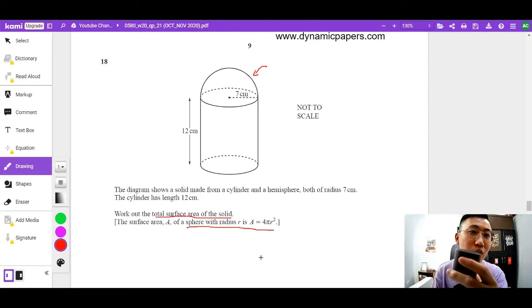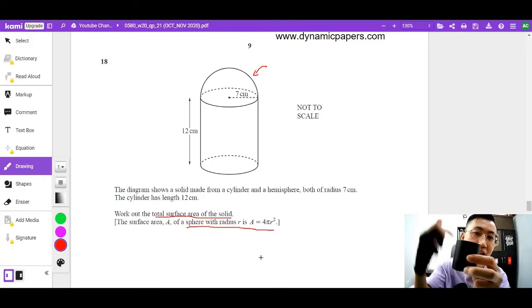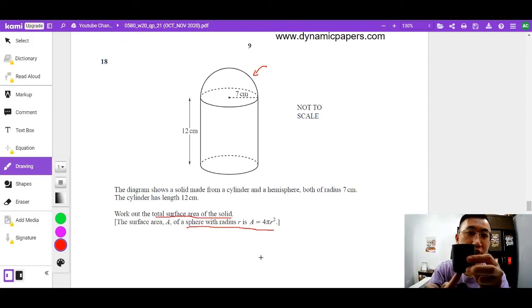And don't forget one last part, the bottom. The bottom is a circle, also exposed. So you need to calculate three parts: the hemisphere, the curve area of the cylinder, followed by the circle at the bottom.